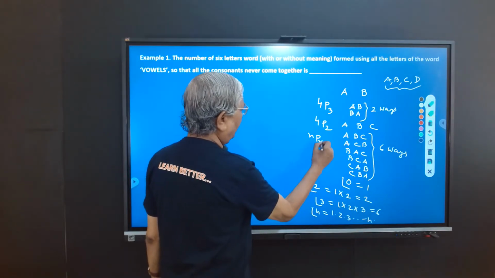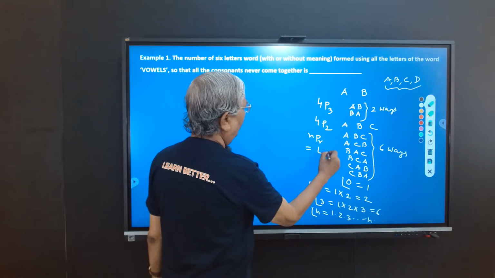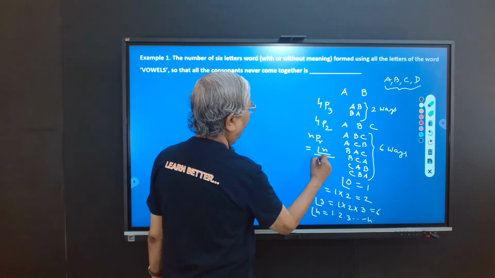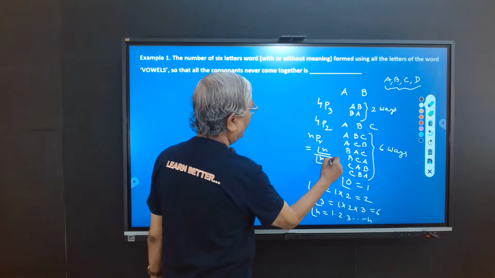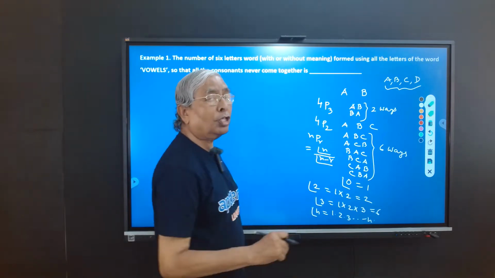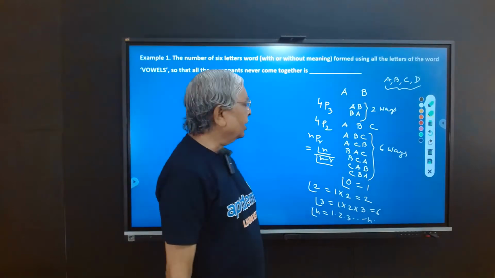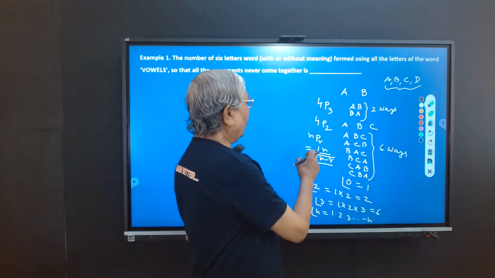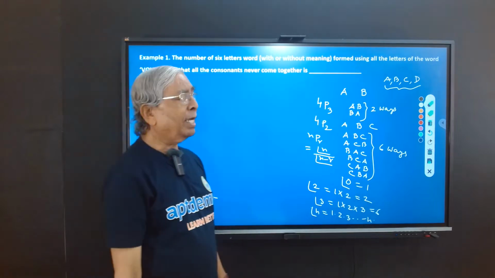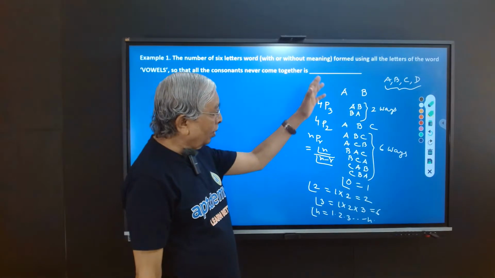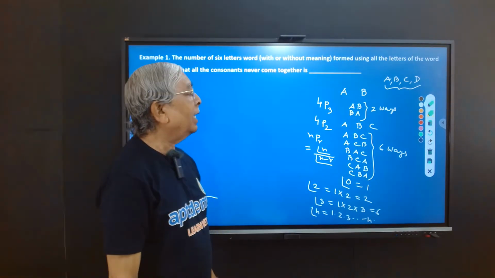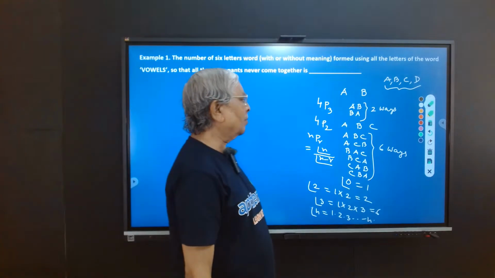This formula is factorial n by factorial n minus r. So this is all about what we mean by arrangement or permutation.